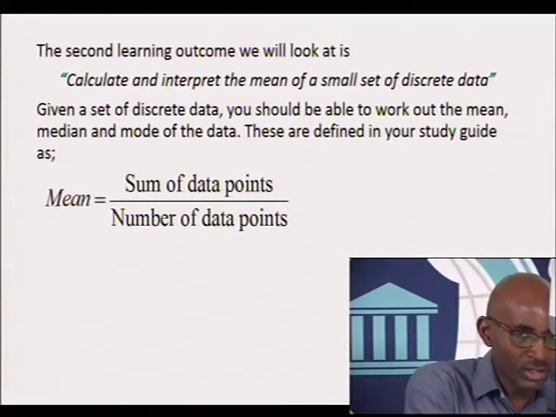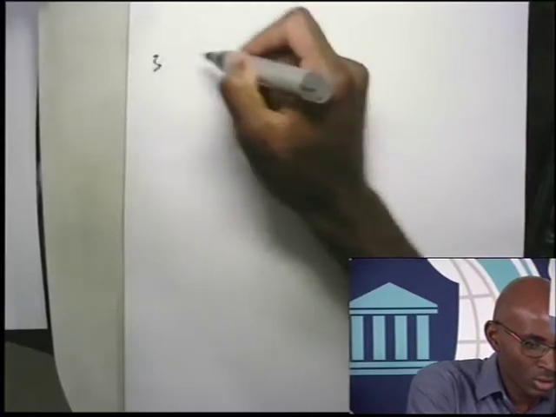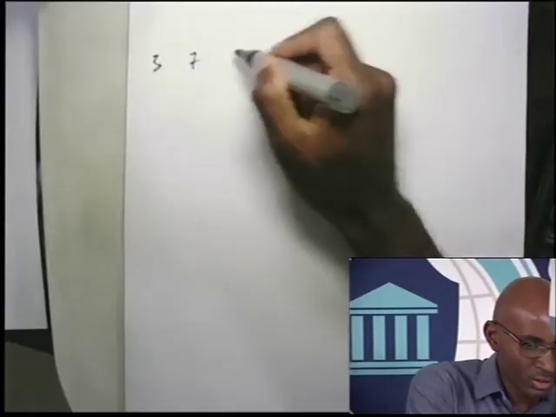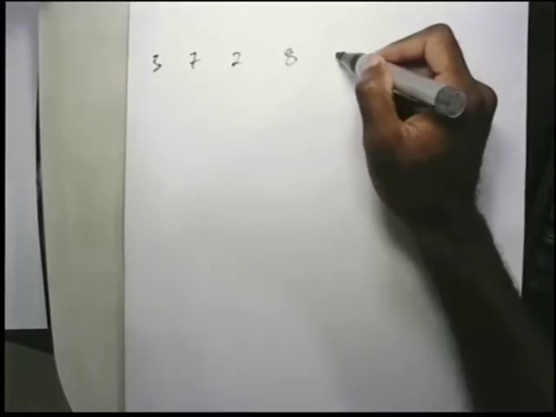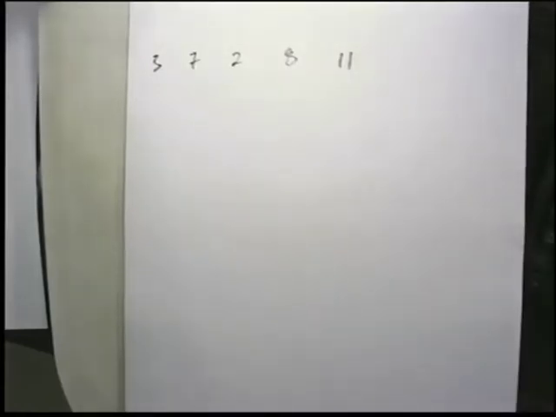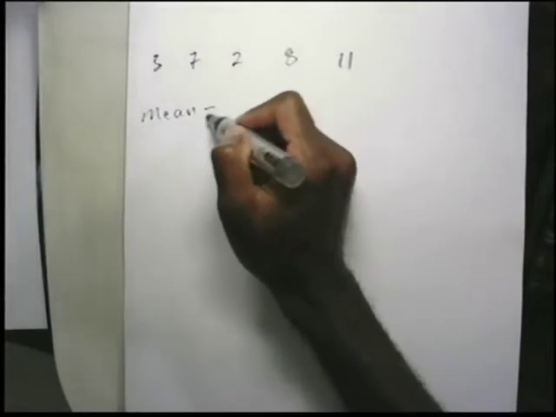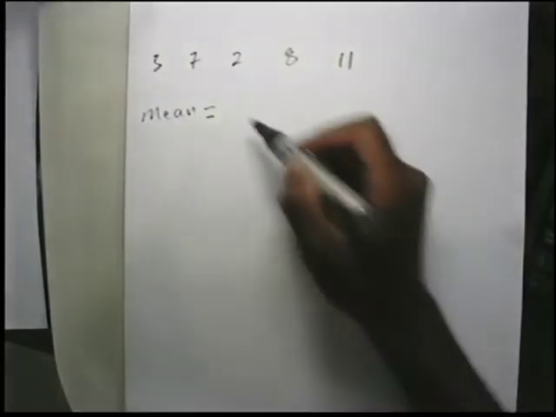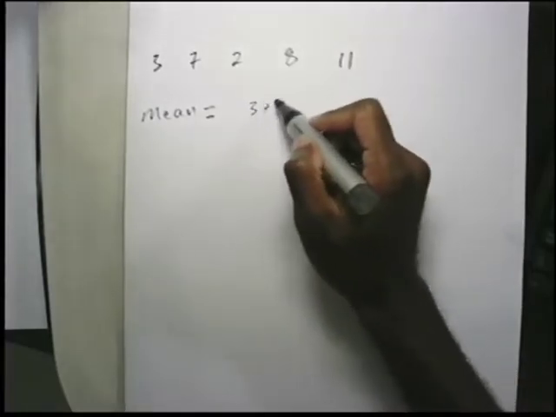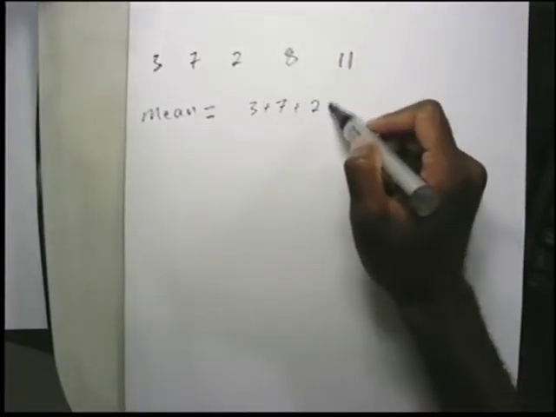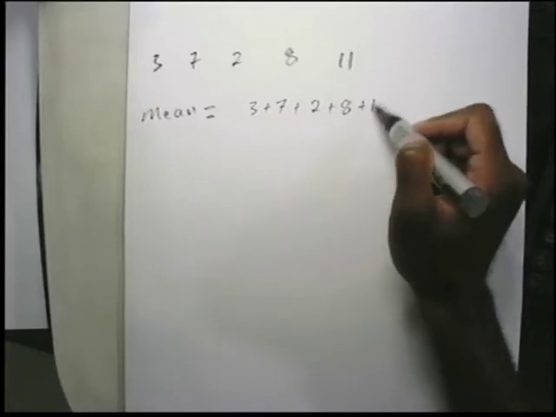If you have the data, say 3, 7, 2, 8, 11. Okay, let's restrict ourselves to 5 data points. Then the mean in this case will be given by the sum of the data points, which means you have 3 plus 7 plus 2 plus 8 plus 11.